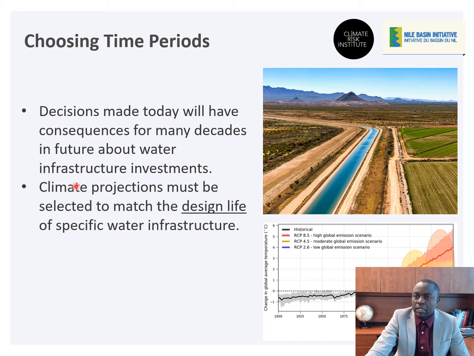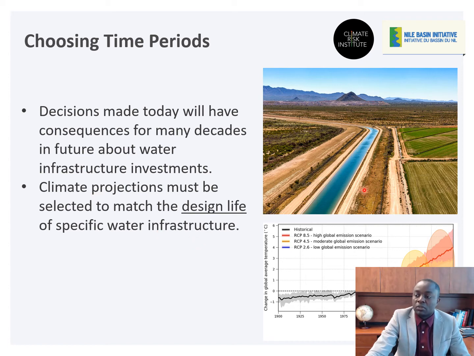One other important consideration when using climate projections is when we want to choose time periods from which to extract climate projection data sets. Remember that decisions made today will have consequences for many decades in the future about water infrastructure investments. So climate projections must be carefully selected to match the design life of a specific water infrastructure project.